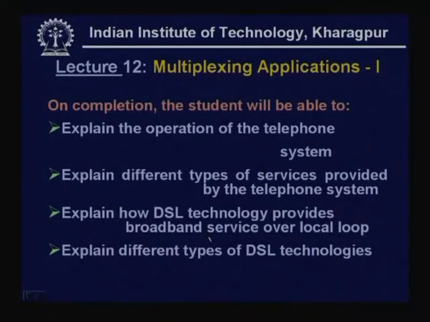Then we shall discuss DSL technology, and he will be able to explain how the local loop is used to provide broadband service using DSL technology. He will also be able to explain different types of DSL technologies, as I mentioned.